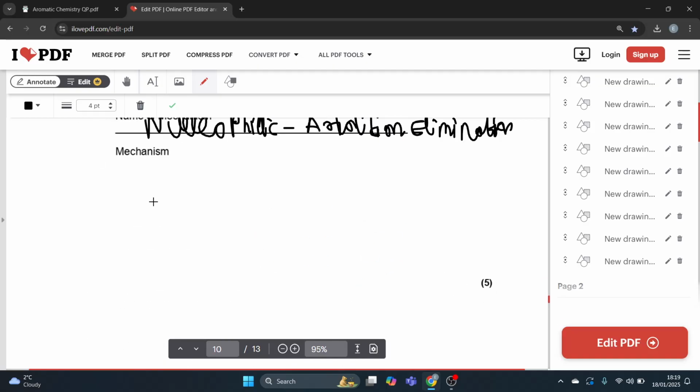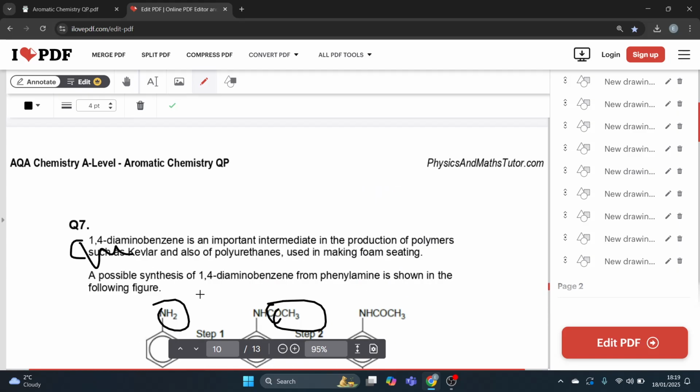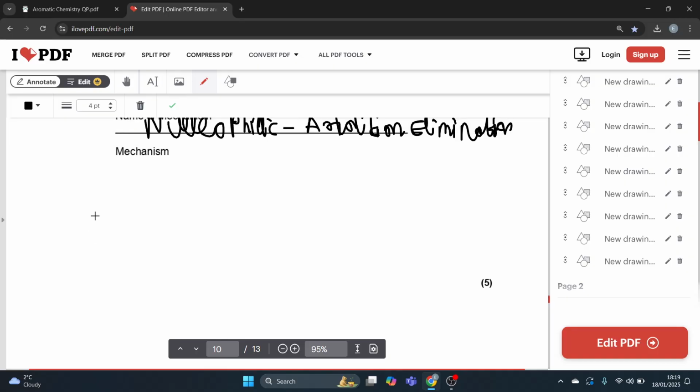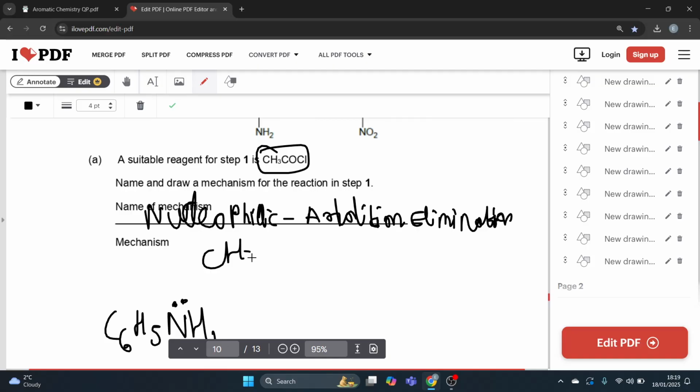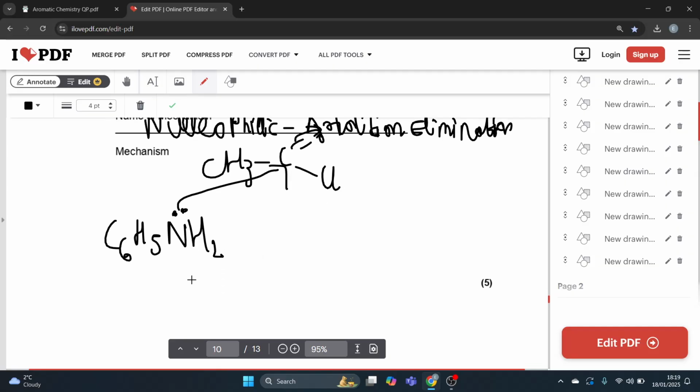A mechanism. Okay, so I've got this, which I want to do in a normal format. C6H5NH2. Nitrogen has the lone pair of electrons, and then I've got my CH3, C double bond O, Cl. So where does this lone pair of electrons go? To carbon there, and then I'll just do it here. CH3, C, oxygen, lone pair of electrons, negative, Cl.